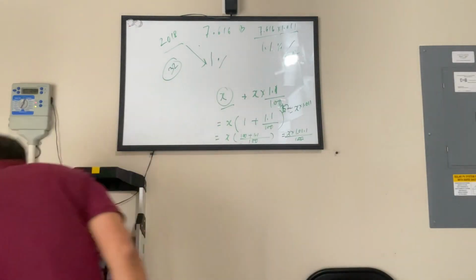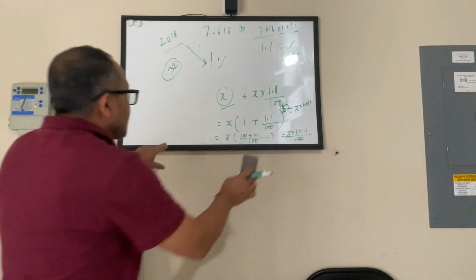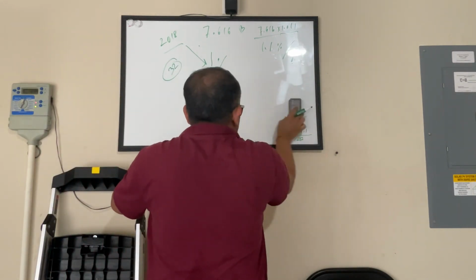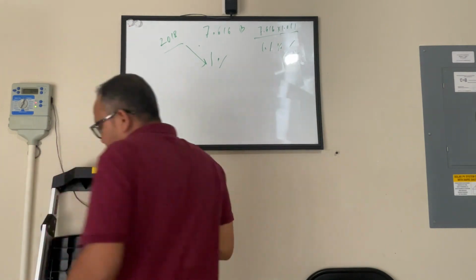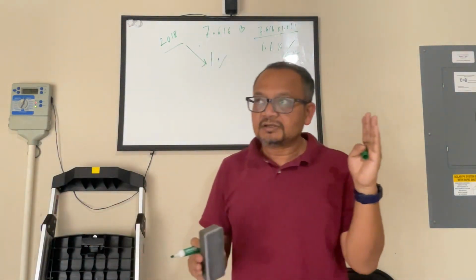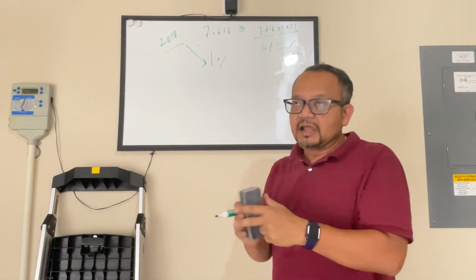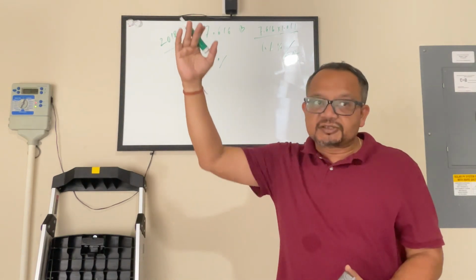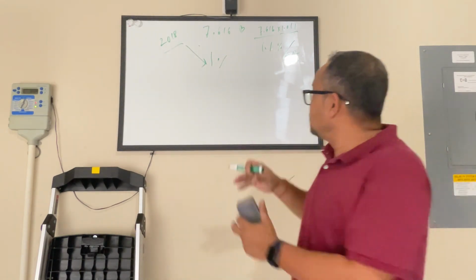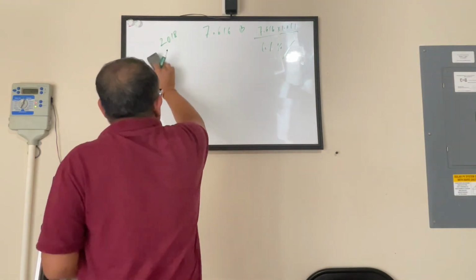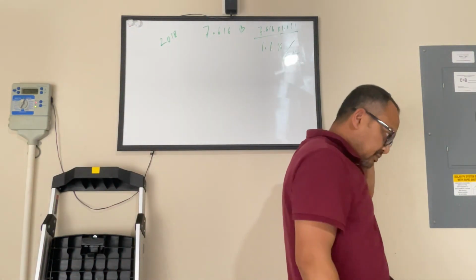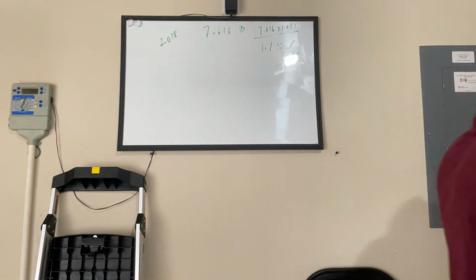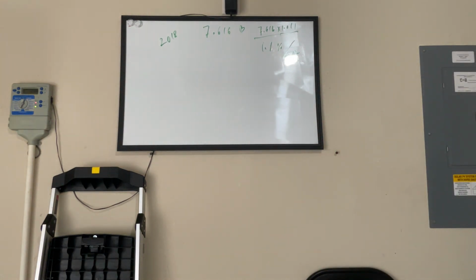Let's see, there are two equations that we are talking about. One equation is when the population is increasing. Second equation is when the natural resources are decreasing. So look at both of them as a compound interest problem.